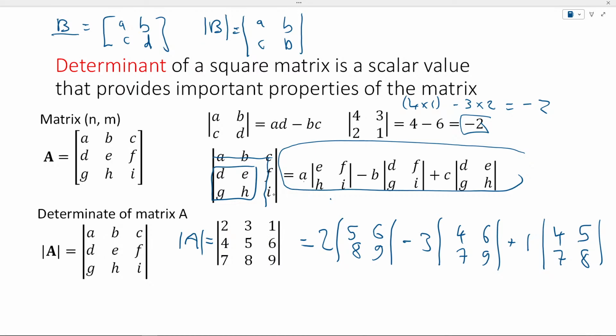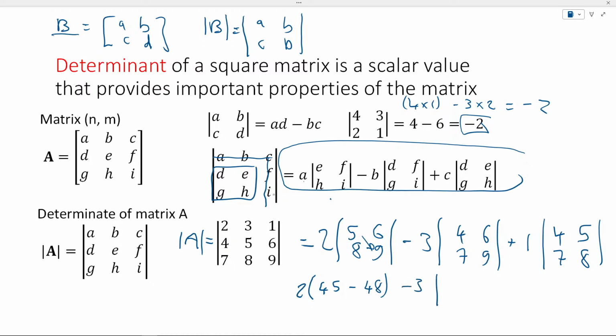So if you did this, can we calculate this? This one is 2 times, so 5 times 9, that's 45, minus 6 times 8, that is 48.